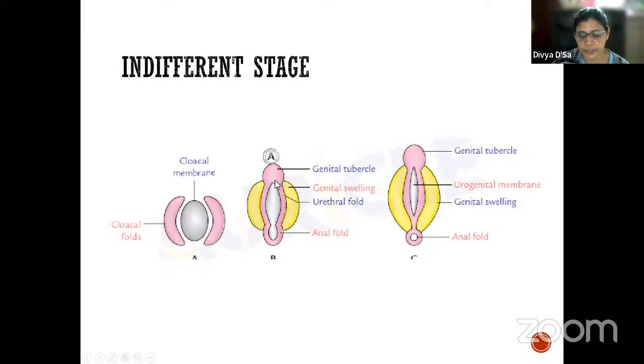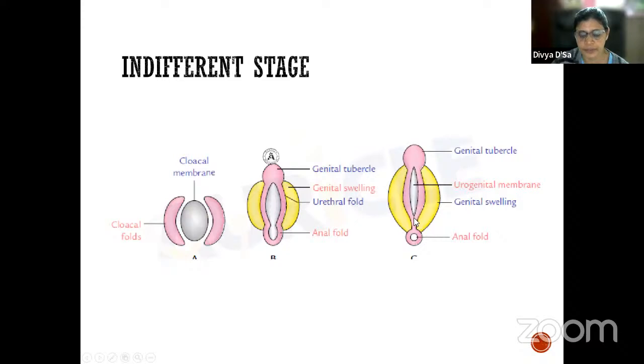Caudally, each fold is subdivided into two parts. The larger anterior part is called the urethral fold, whereas the smaller posterior part is called the anal fold.